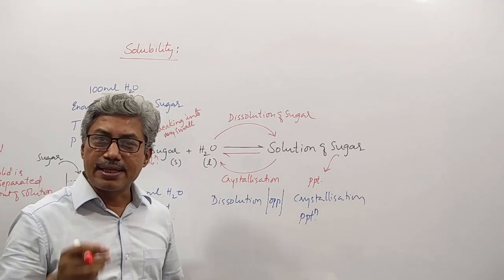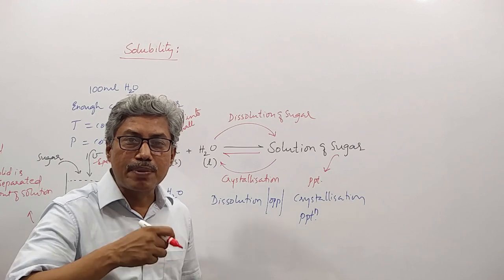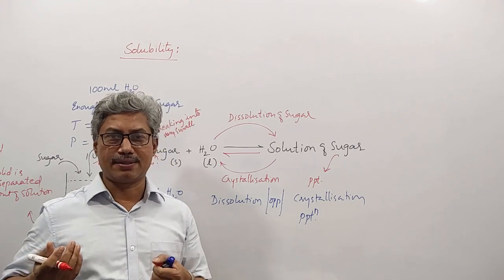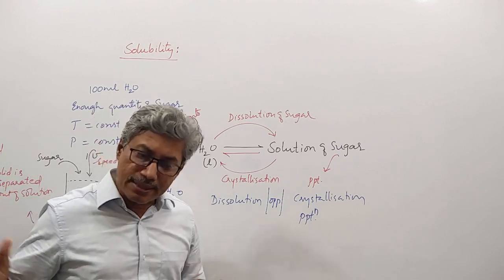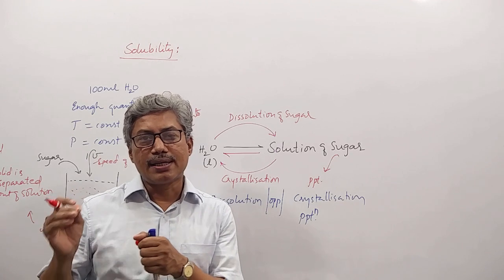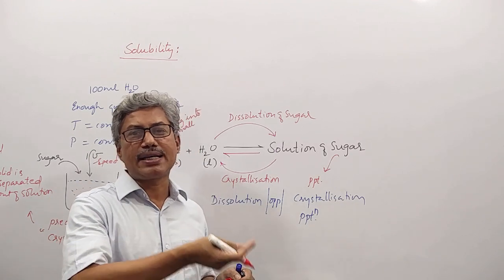Let me repeat it. Initially, when we dissolve sugar into water, dissolution speed is more than crystallization speed. Then, due to continuation of the process, slowly dissolution speed decreases and crystallization speed increases.